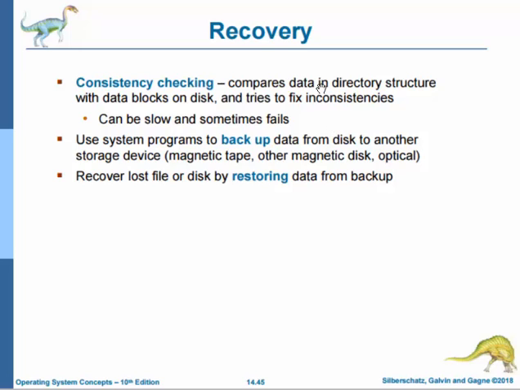For example, in Unix there is FSCK, or the file system check, which compares the data in the directory and other metadata with the state on the storage and tries to fix any inconsistencies it finds. The allocation and free-space management algorithms dictate what types of problems the checker can find and how successful it will be in fixing them.